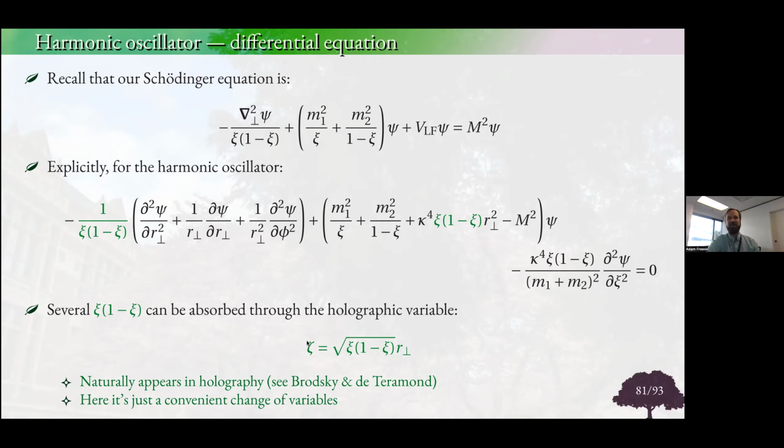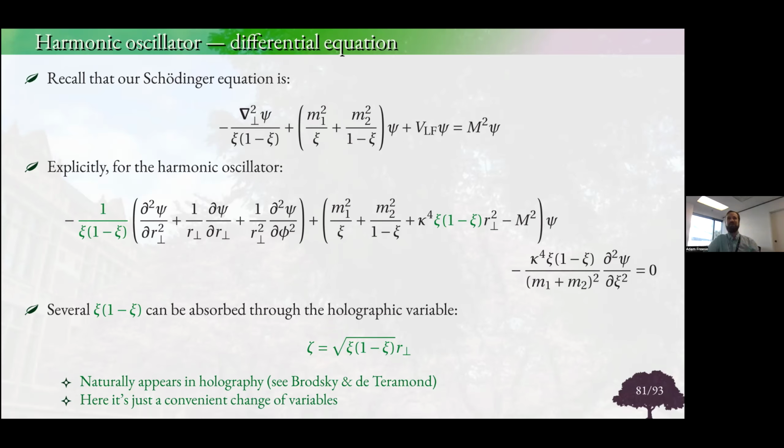So we can define zeta as the square root of xi times 1 minus xi times r perp, and this will simplify the equation a little bit. This variable actually naturally appears in holographic QCD. You can read a lot of the works of Brodsky and de Teramond to see how it arises within the context of holography. Here, it's just a convenient change.